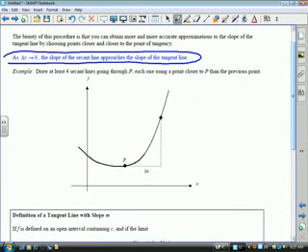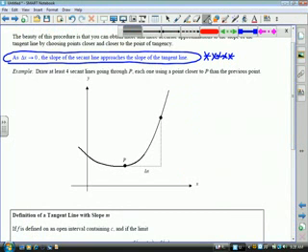Now circle this right here. This is important. As delta x gets close to 0, the slope of the secant approaches the slope of the tangent.